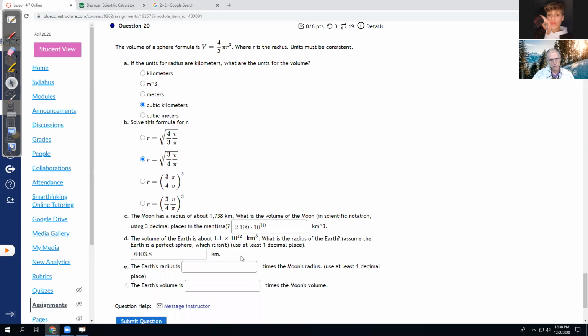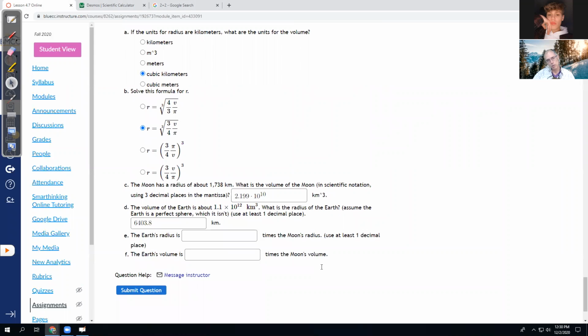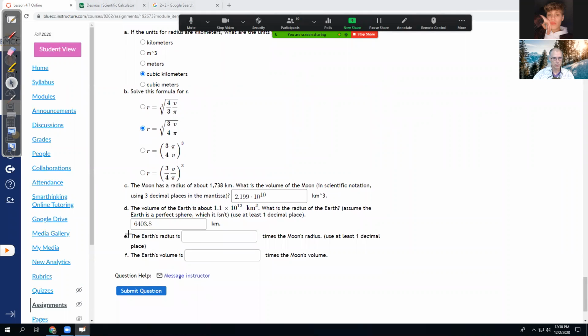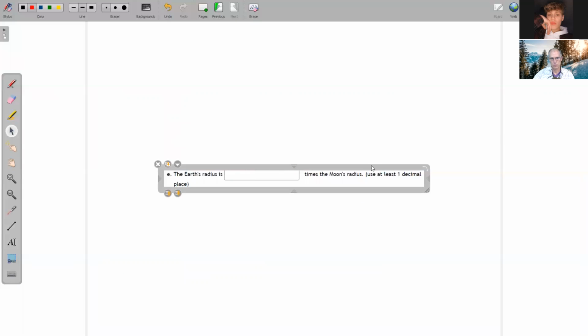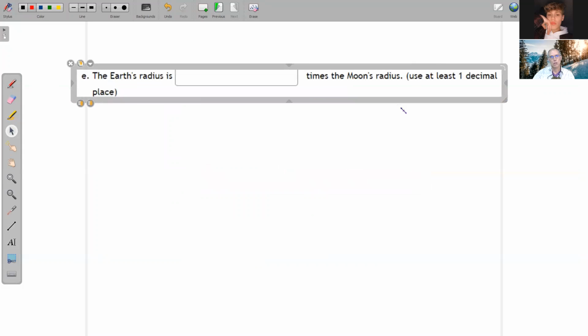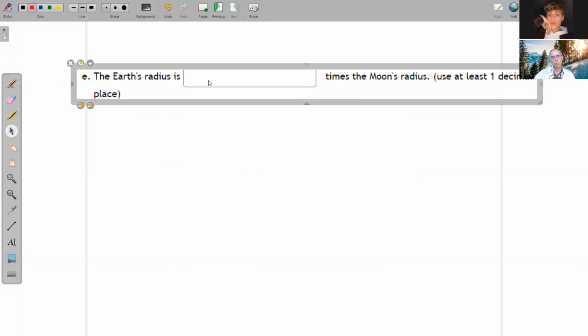All right, so that one was fairly challenging. The next two are a little bit more so. So we have to translate these sentences and fill in the blank. So let's try the first one. Screenshot it for part E. All right, so the Earth's radius is blank times the moon's radius.